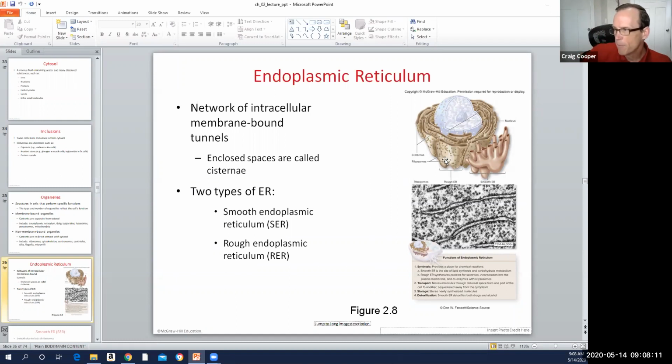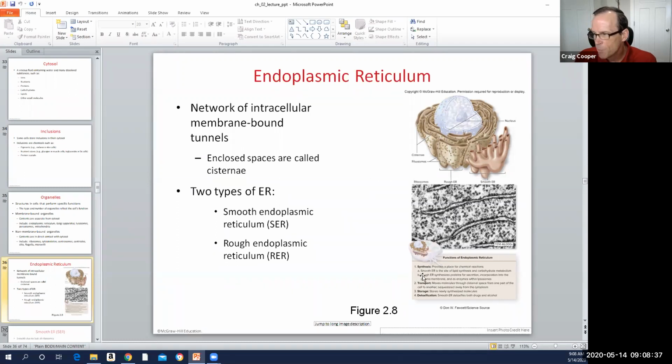We'll talk about the rough and the smooth endoplasmic reticulum. The outer part here represents the smooth endoplasmic reticulum, so it doesn't have any ribosomes on it. The little descriptive box on this bottom slide shows a transmission electron picture of an endoplasmic reticulum.